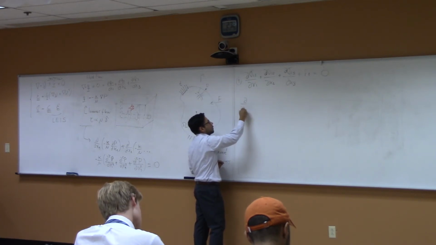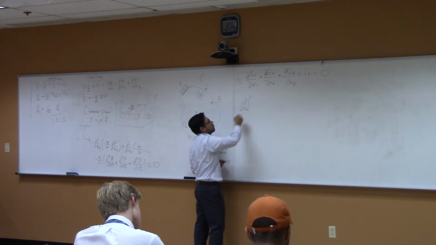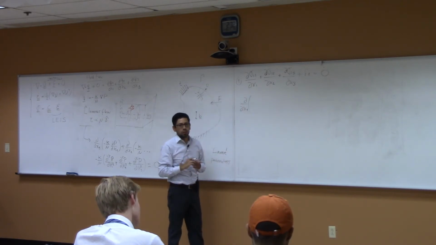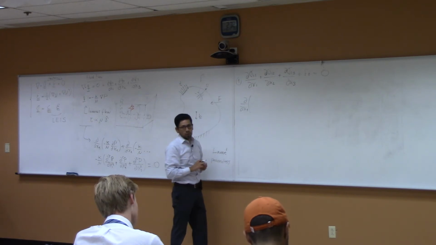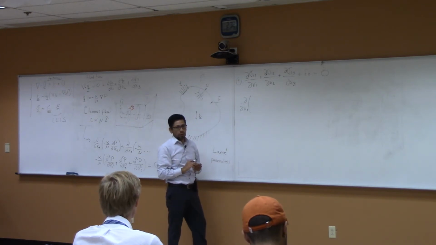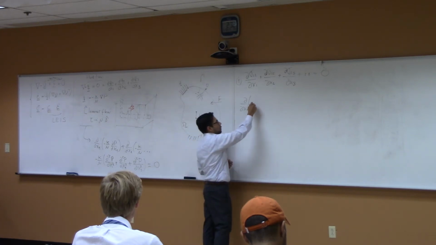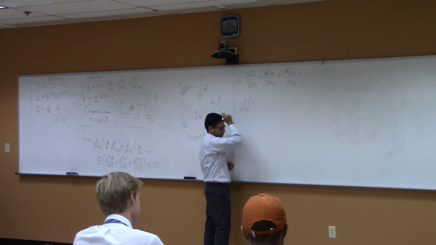And what do you get? What is sigma 1,1? Okay, so lambda plus 2 mu, and in the off-diagonal terms, we just have lambda, right?